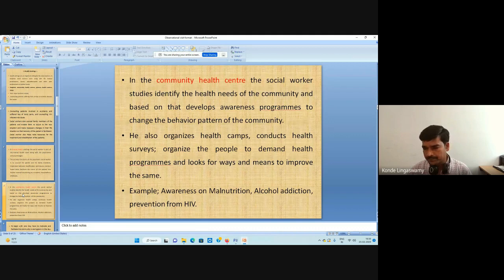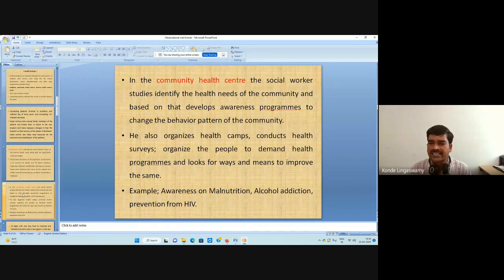For example, if you visit an organization working in the community as a social work trainee or social work student, you identify the health needs of the particular community, and based on that develop awareness programs to change the behavioral patterns of the community.